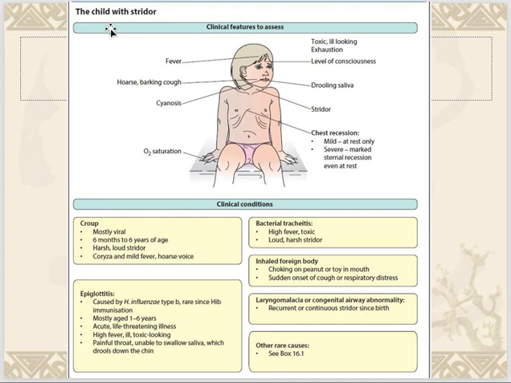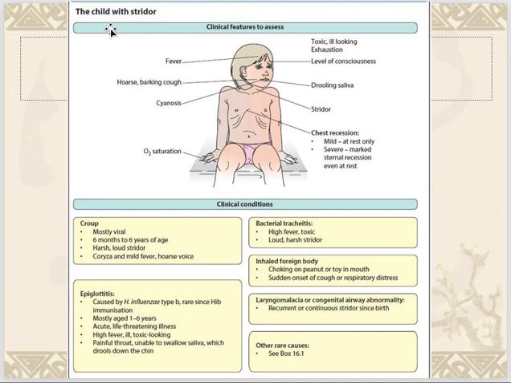Stridor is a sign which we get when there is any upper respiratory tract problem. It is one of the signs, and there could also be hoarseness, suprasternal retractions, things like this, right?